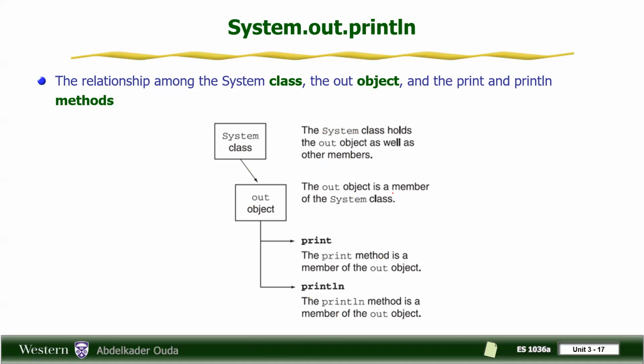The out object has print and println. The print method is a member of the out object. Println is another member of the out object. Questions till here? I'm showing you the hierarchy between a class, an object, and what is inside the object. Clear? Questions?